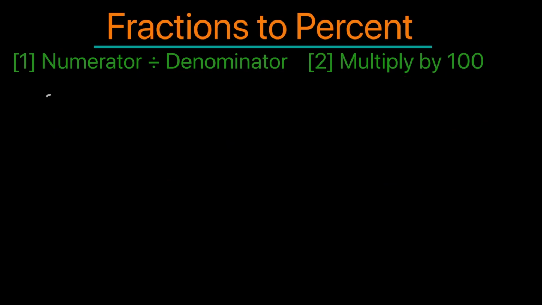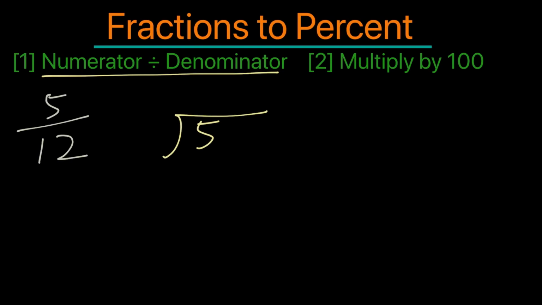What about this one? 5/12. Taking the numerator divided by the denominator, we have 5 divided by 12, and then we can see 5 is too small for 12, so we're placing a decimal and a 0 behind, and doing the same on the top with a decimal point. And now that we have 50 divided by 12, we can see that 4 goes into it.